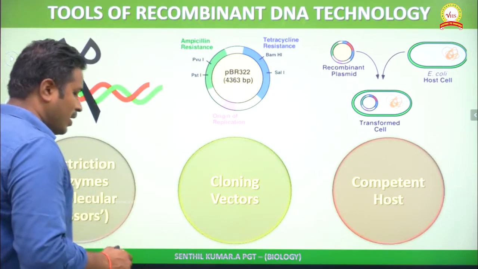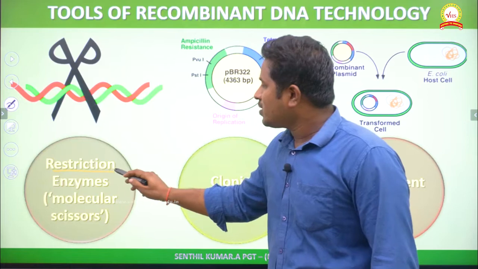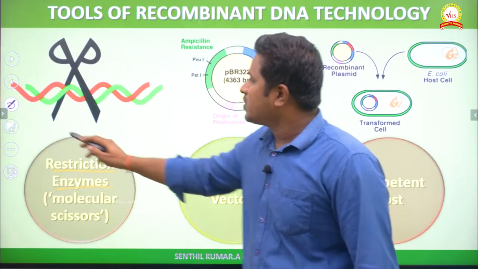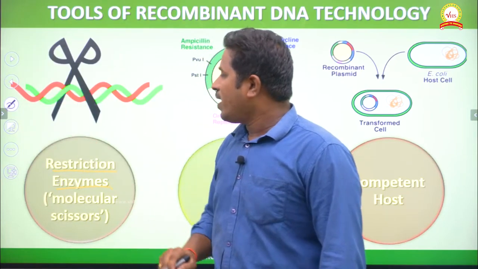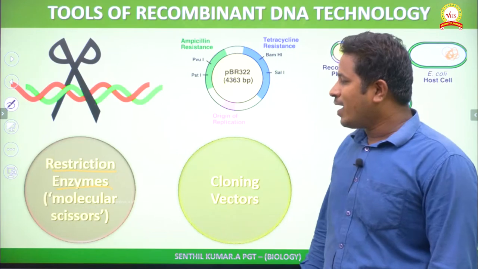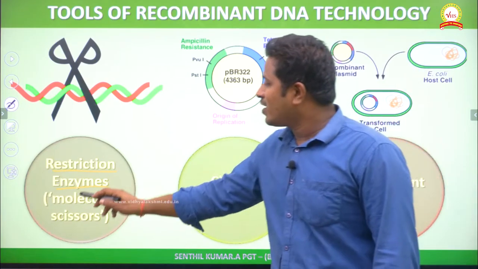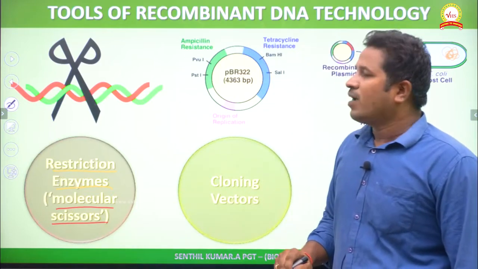So, especially the restriction endonuclease or restriction enzymes. This is the enzyme which plays a very important role in recombinant DNA technology. Another name of the restriction enzyme is molecular scissor. What is its role?